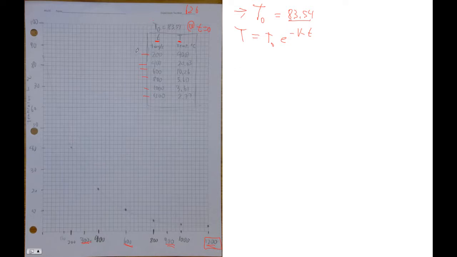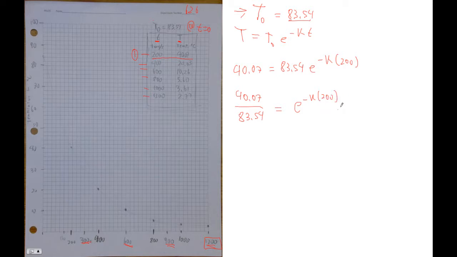So our first time, this is our first set of data points: 40.07. The temperature was 40.07. Our original temperature was 83.54. e to the minus k, we don't know what k is, but the time was 200. Now we can solve this. 40.07 over 83.54 is e to the minus k times 200.